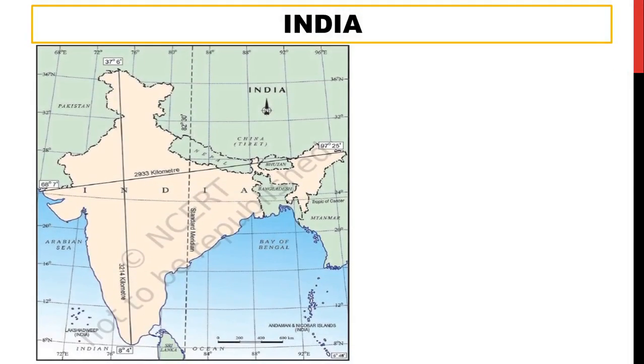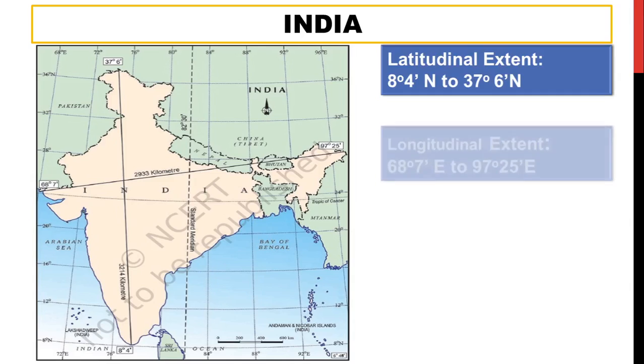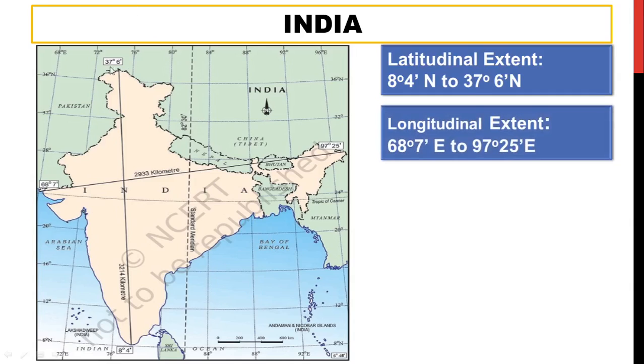Look at the map. Latitudinal extent, 8 degree 4 minute north to 37 degree 6 minute north. Longitudinal extent, 68 degree 7 minute east to 97 degree 25 minute east.